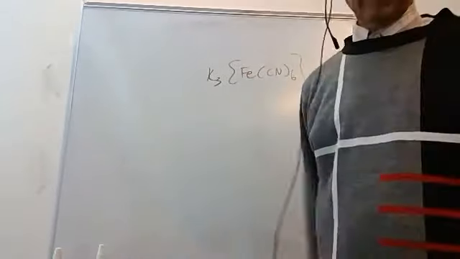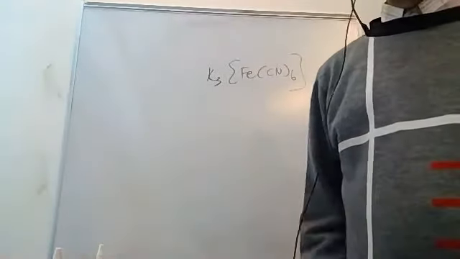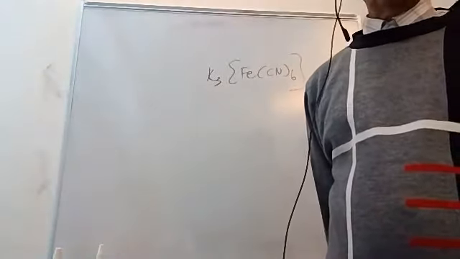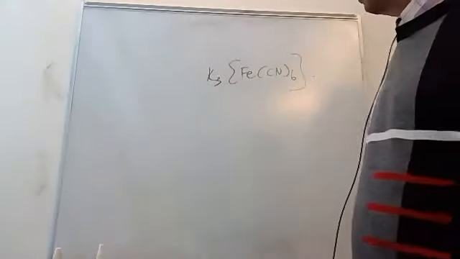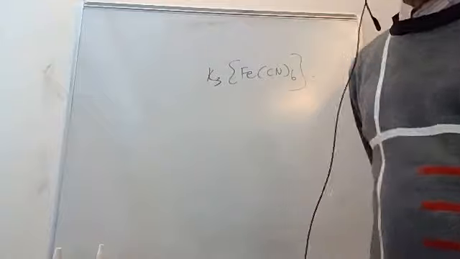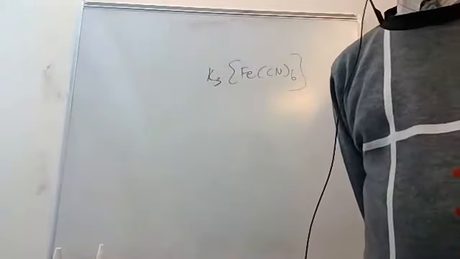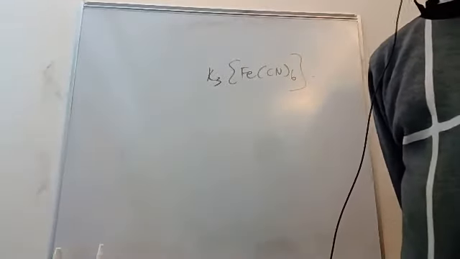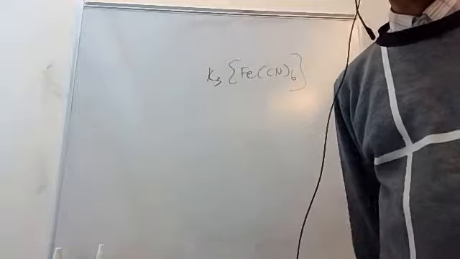K3[Fe(CN)6]. So we have potassium, iron. So what should be the charge of the complex? Should it be -3?